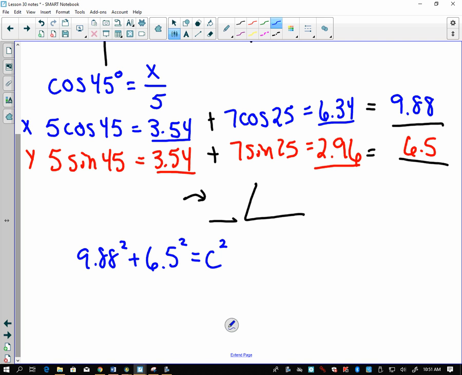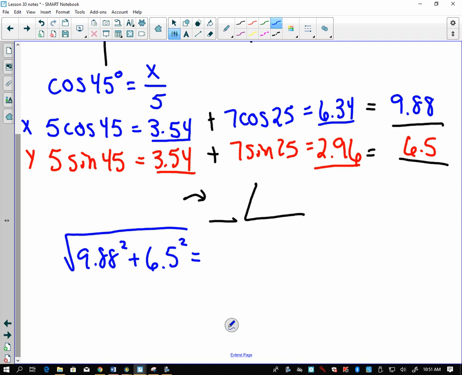Okay, then I would have to square root that, right? So I can do this all in my calculator in one shot. If I do the square root of 9.88 squared plus 6.5 squared, it will give me the answer in one deal. Because if it's an irrational decimal, a really long decimal, I'm going to get less of an exact answer by estimating and square rooting an estimate.